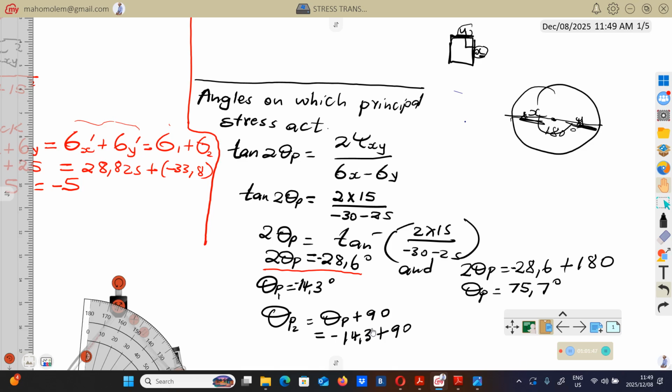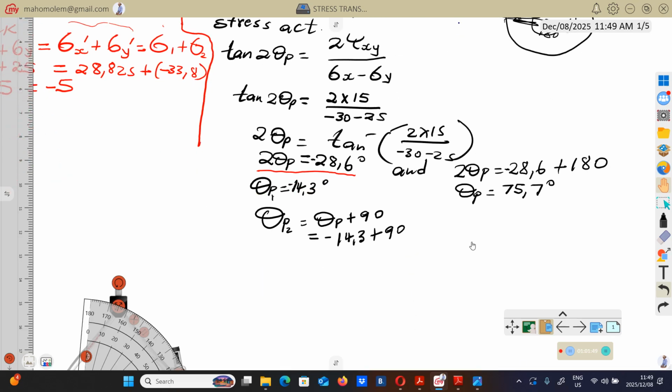Yeah, so in general, it's going to be always like this. I'm just showing you that if you don't want to take this route, you can find theta p.